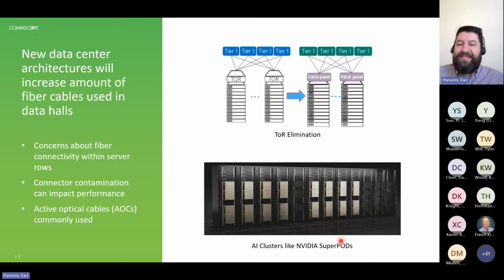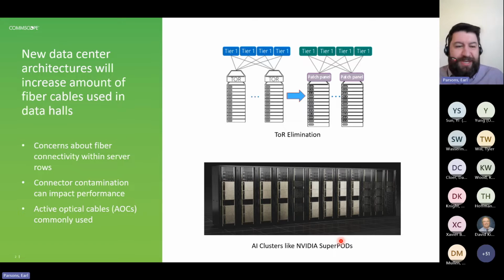If the end faces of these connectors are contaminated, that can introduce loss and cause problems that will affect the whole cluster. And there are concerns about the people working in these data halls. If they're not experienced with fiber connectivity, they may not properly care for the connectors, meaning the end faces will get contaminated and it'll cause problems.